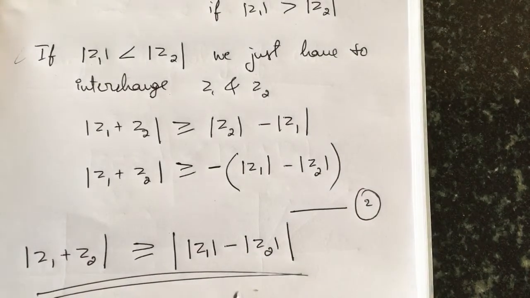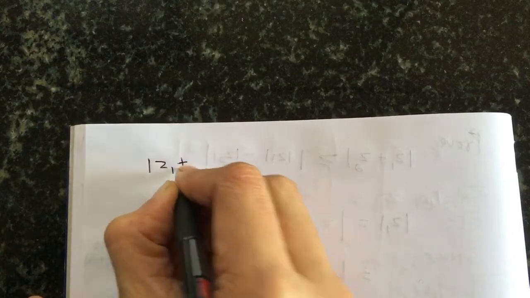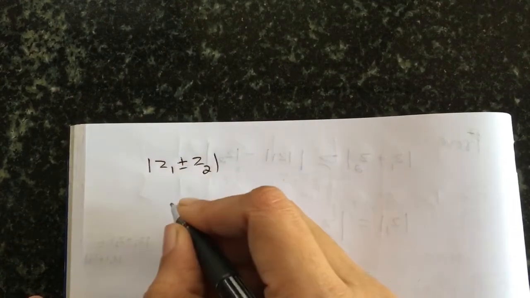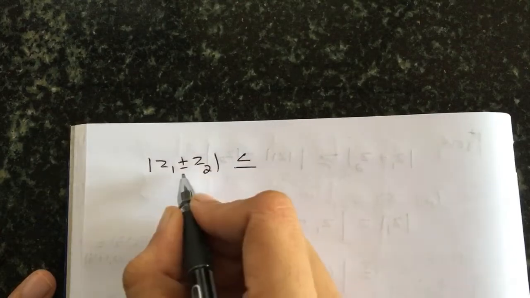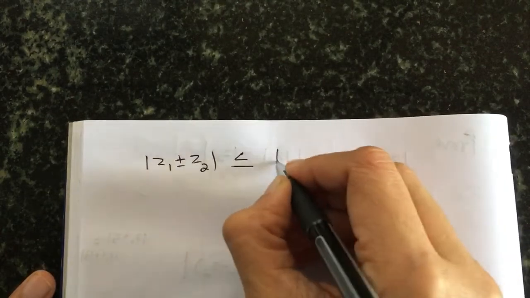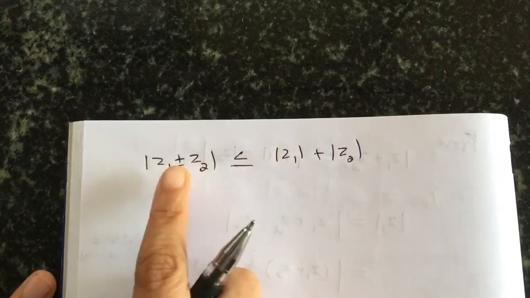And of course this is not only true for the positive sign over here, this is even true for the negative of z2. For that I'll write, in fact I can write mod z1 plus or minus z2. I'm just writing the upper bound for that, even for the negative. Mod z1 plus mod z2, this is the upper bound.